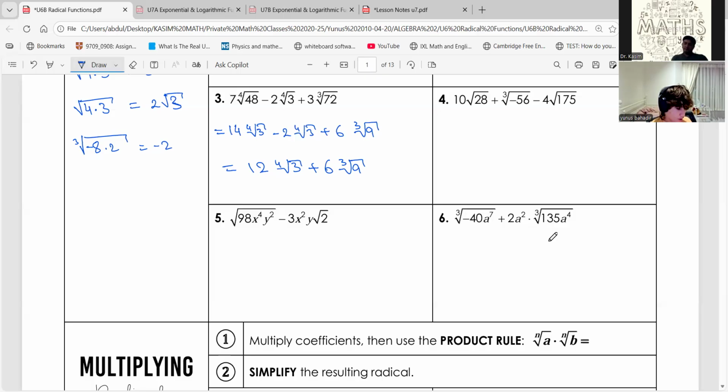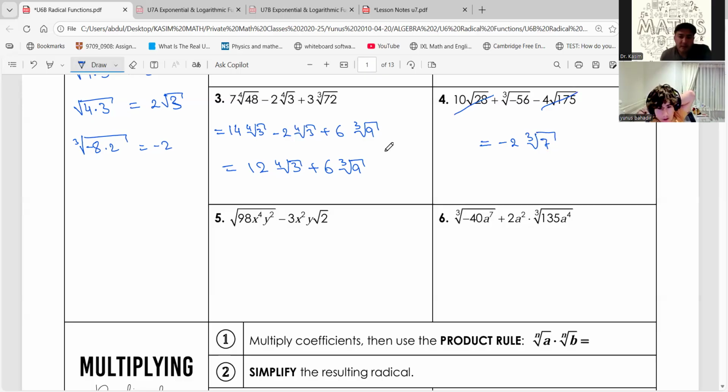I got 20 square root of 7 plus negative 2 square root of 7 minus 20 square root of 7. What is your final answer, Yunus? Negative 2 square root of 7. Yeah, because these two guys are the same, right? When you simplify this, and this one is negative 8 times 7. So here we have negative 2 times cube root of 7.